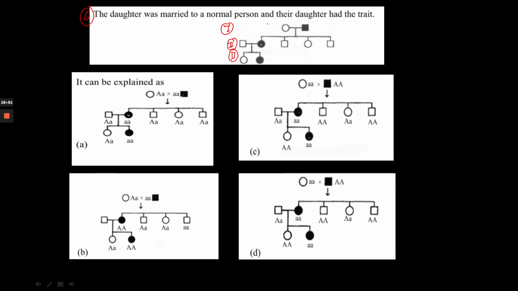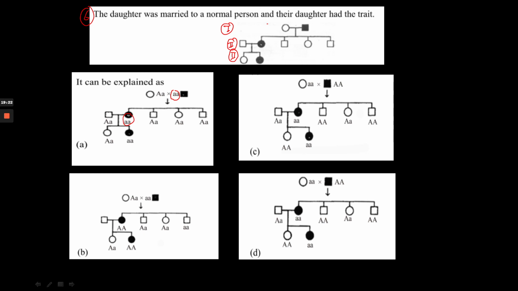Okay, then in the children we can see that since the dominant condition is unaffected, all the dominant or heterozygous ones are unaffected, and the homozygous recessive has come in this girl child, and that is why she is affected.